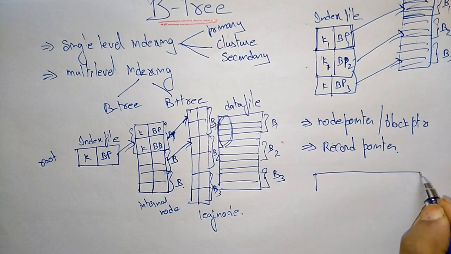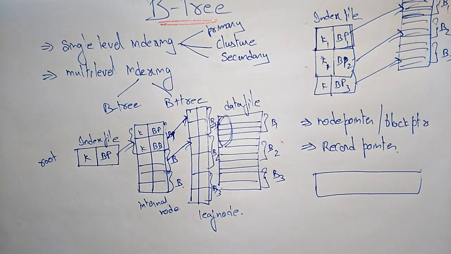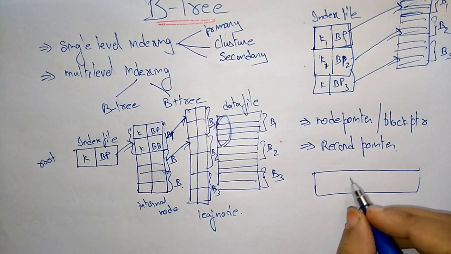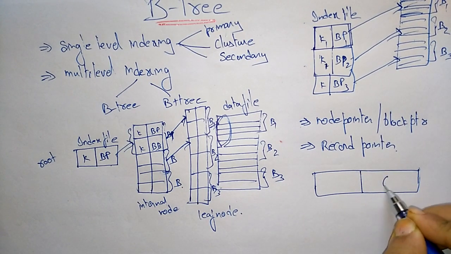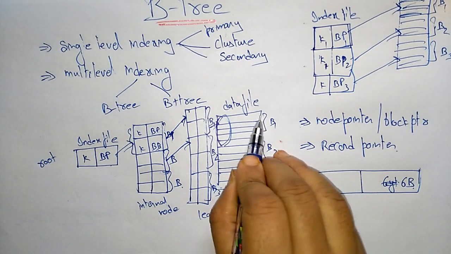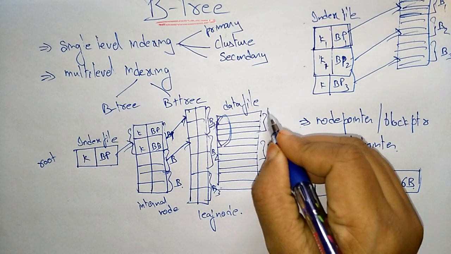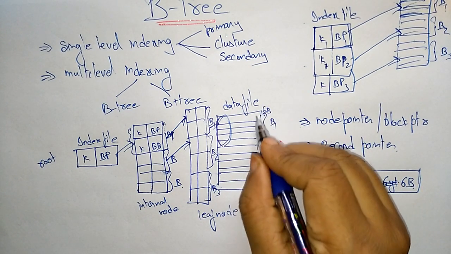Always the block pointer is smaller than the record pointer. How can you say that? Suppose the block pointer size is 6 bytes. To reach that block, it takes 6 bytes. But the data is present somewhere in this block.